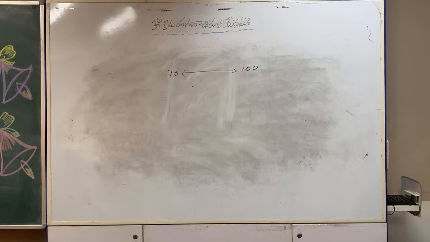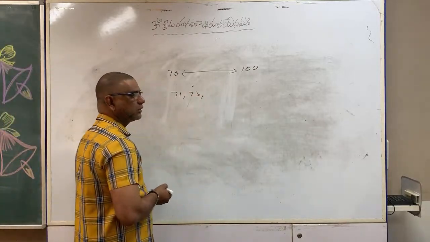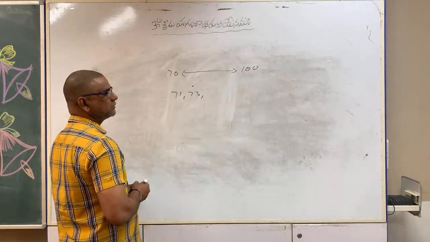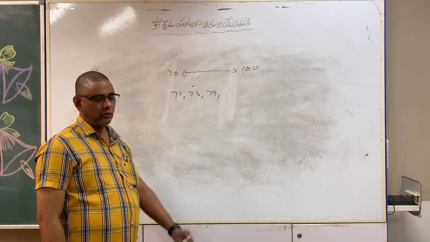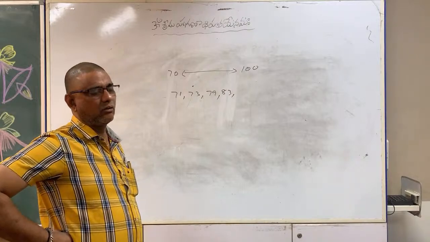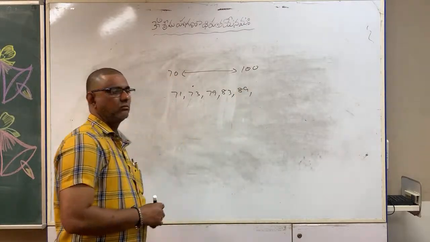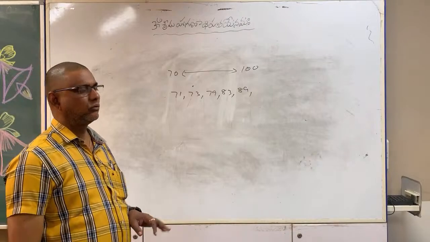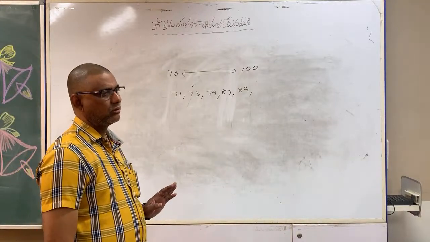Total 5 are there, or 6? 71, 73, 72 no, 74 no, 75 no, 76 no, 77 no, 78 no, 79. 80 no, 81 no, 82 no, 83. 84 no, 85 no, 86 no, 87 no, 88 no, 89, 89 is there, 90 no. 91 no, 92 no, 93 no, 94 no, 95 no, 96 no, 97.